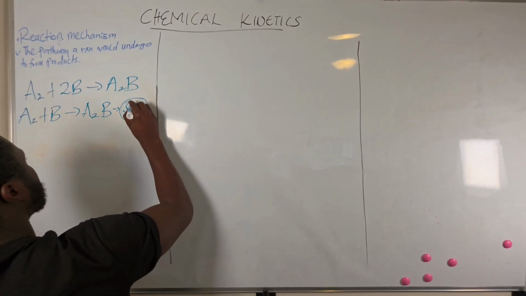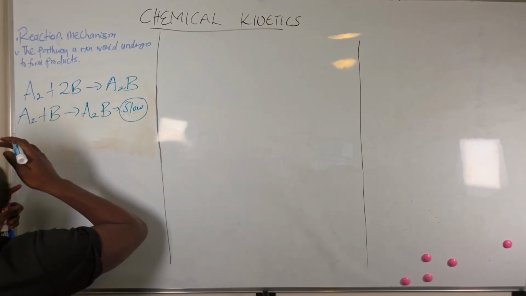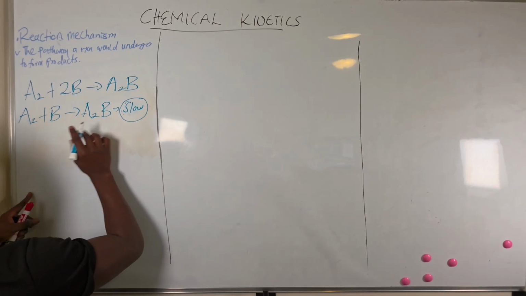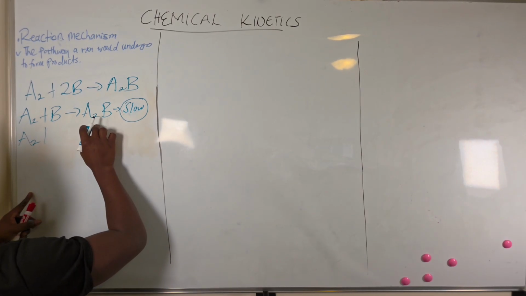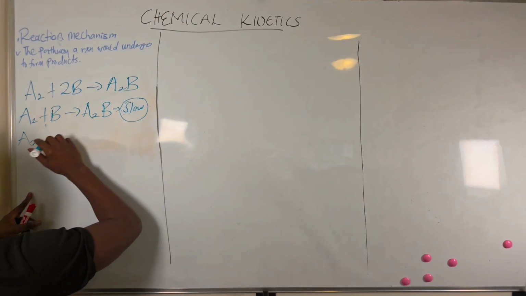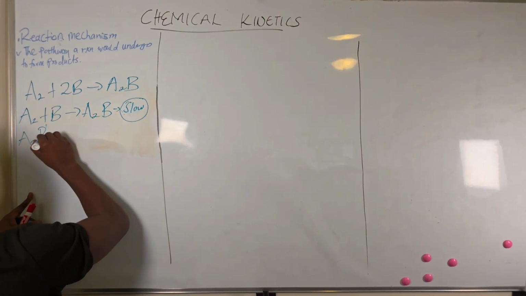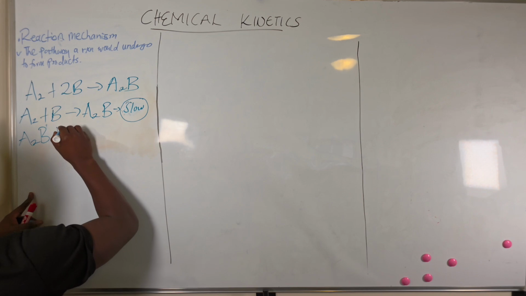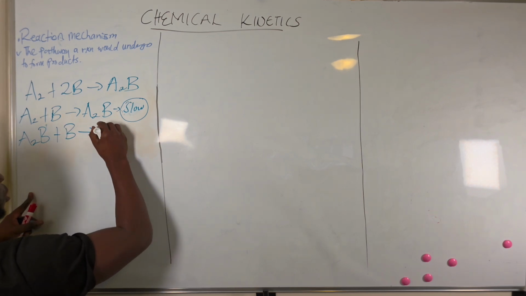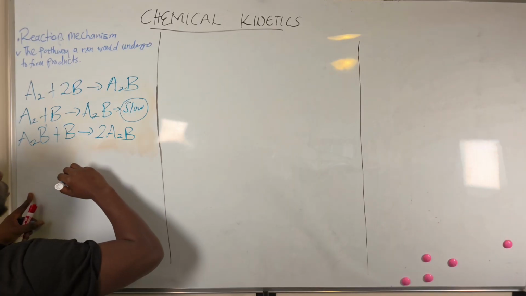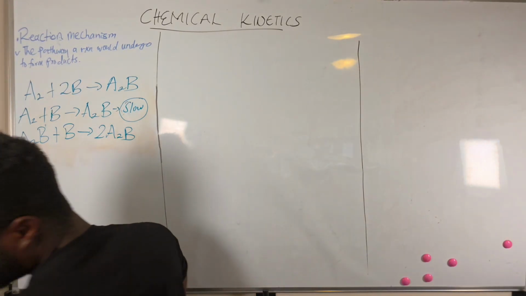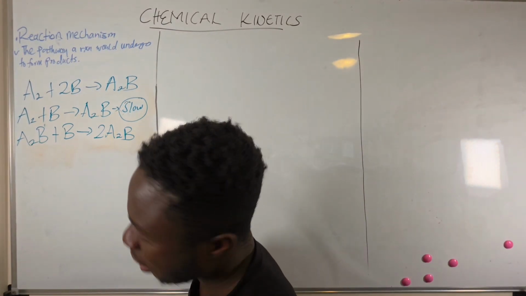The second pathway combines the product formed here, A2B, plus another B to form 2AB.